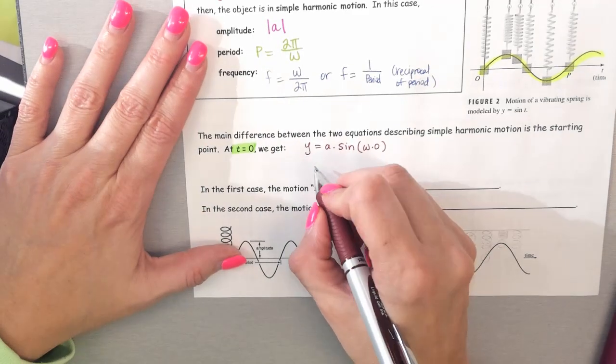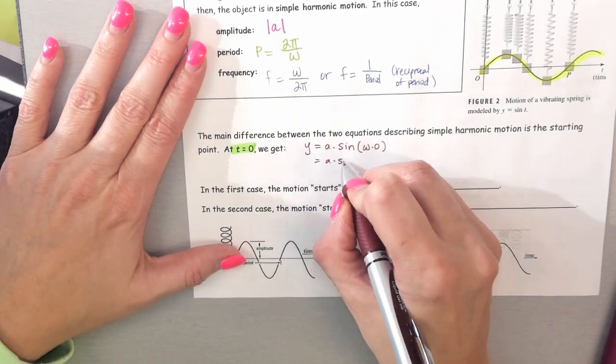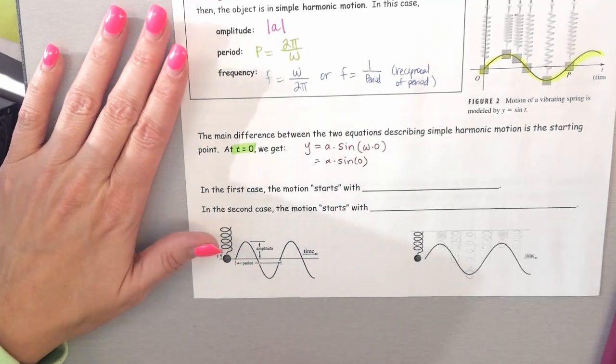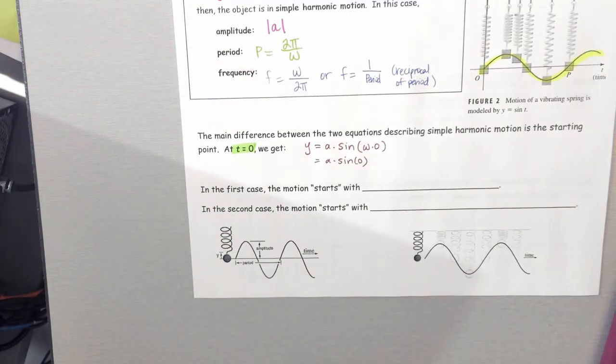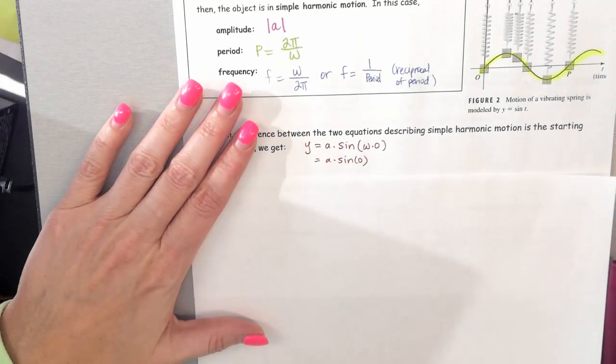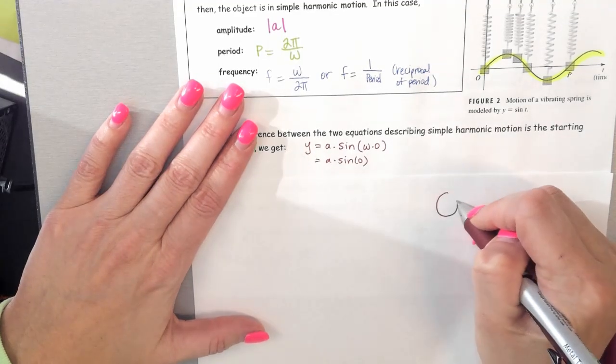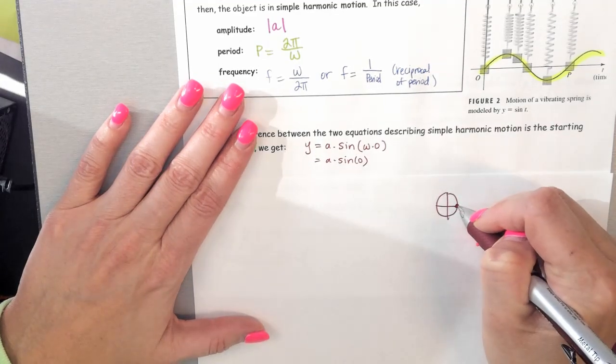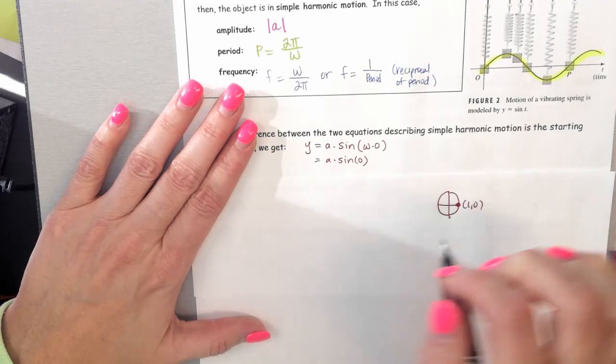So omega times 0 is 0. When you're thinking about what the sine is at 0, just remember you can use your unit circle. At 0, which is right here, your point is (1, 0).